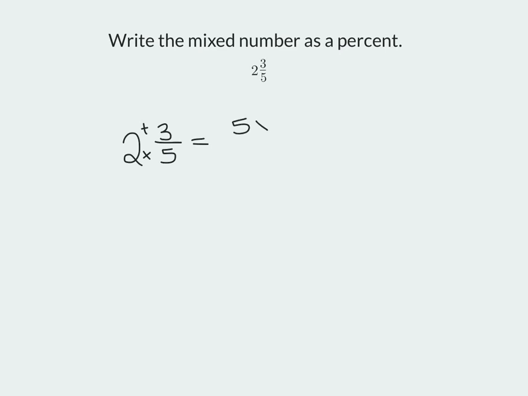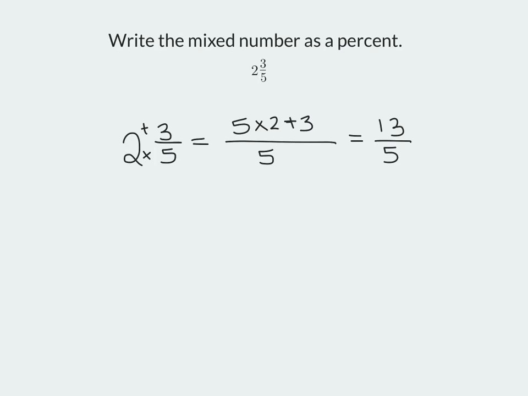So 5 times 2 plus 3 will be our numerator, and our denominator will stay as 5. So 5 times 2 plus 3 gives me 13. So now I have an improper fraction of 13 over 5.